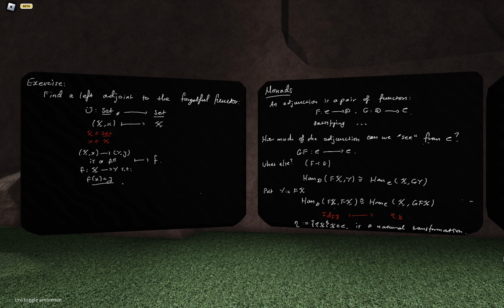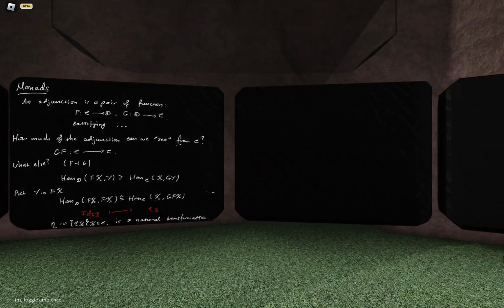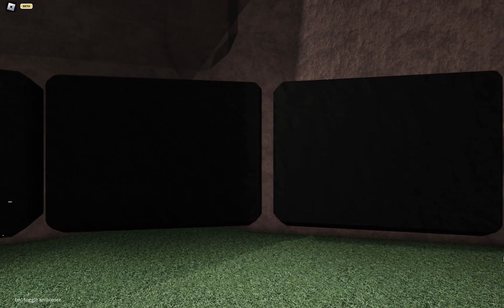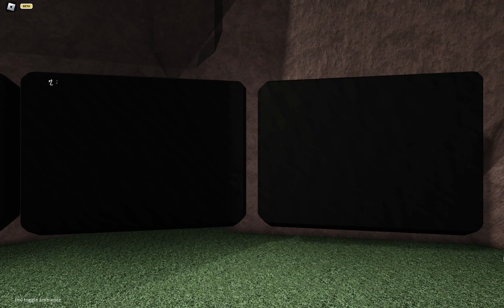So let me write that on the next board. So eta maps from the identity on C to GF. GF. And these are both endofunctors on C. Okay, so we're going to count that as something that C is able to see, right?